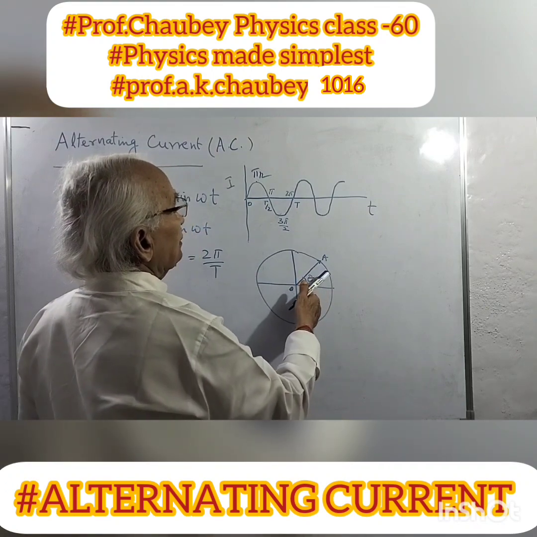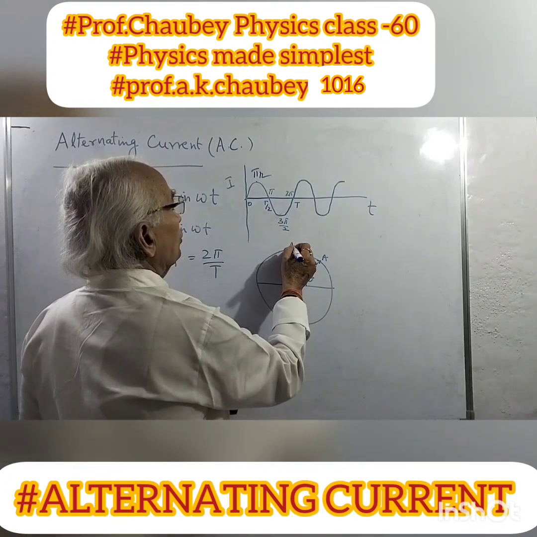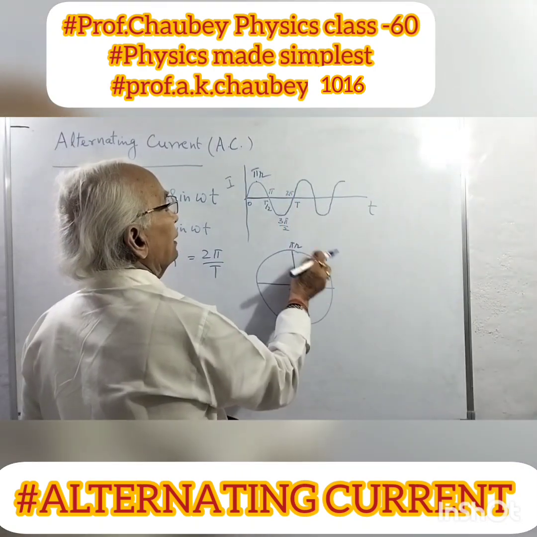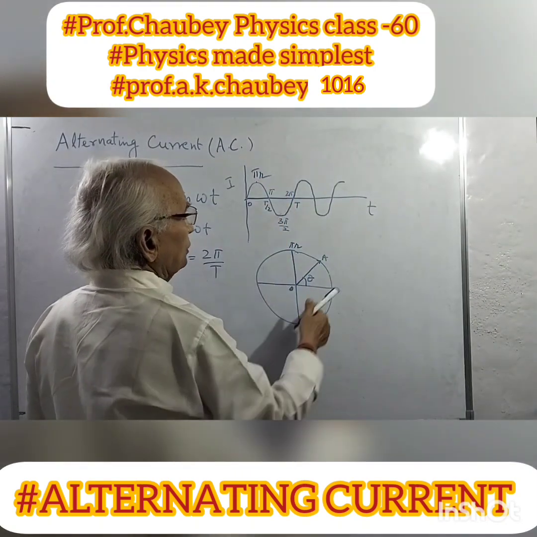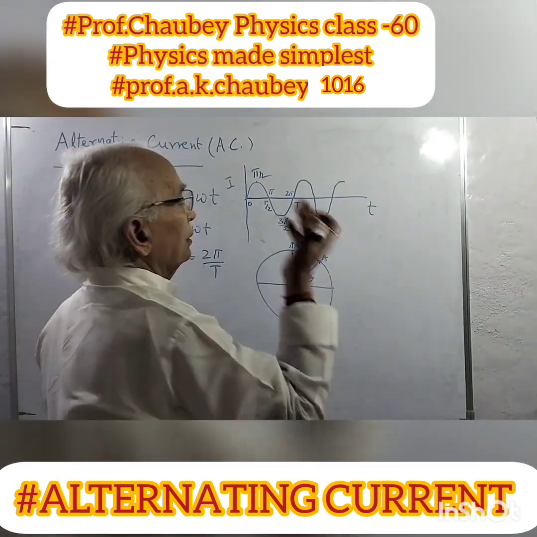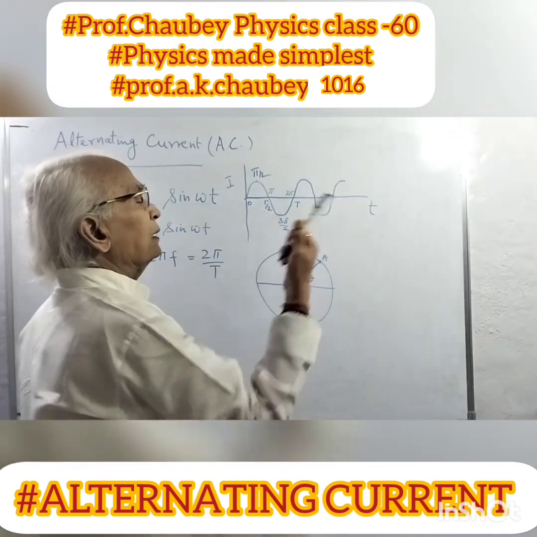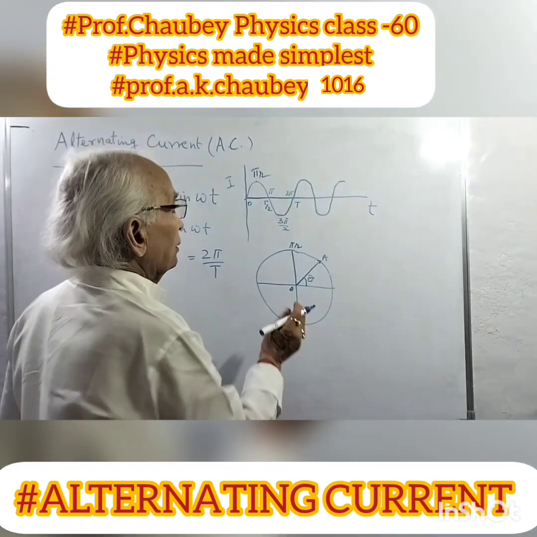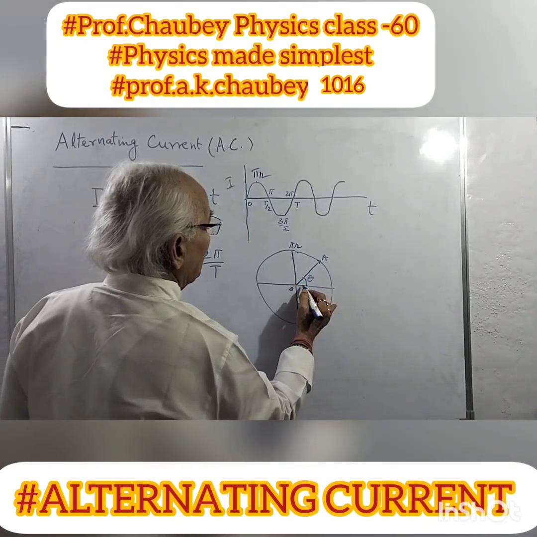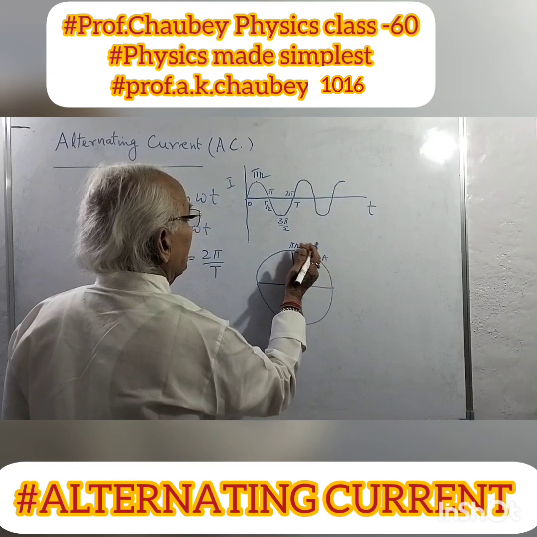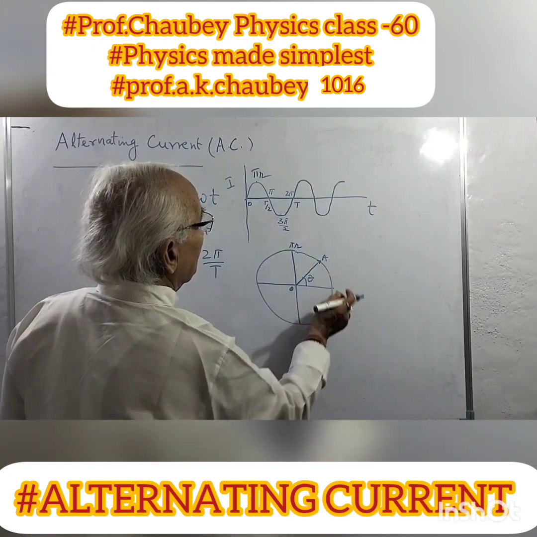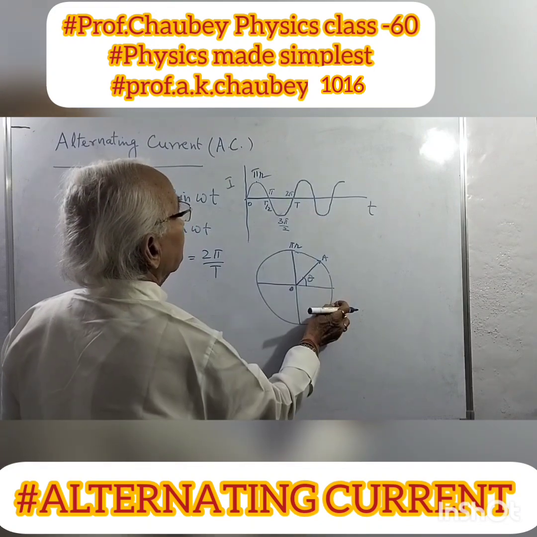When the angle increases, it reaches pi by 2, 90 degrees, this position. So this circular motion of the OA vector, which can be any potential vector or current vector, is anti-clockwise, with theta increasing from 0 to pi by 2, then pi, then 3 pi by 2, and again coming here is 2 pi.